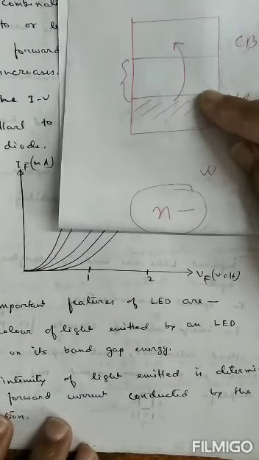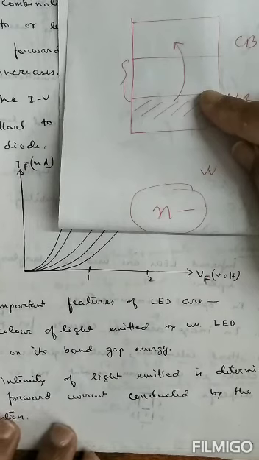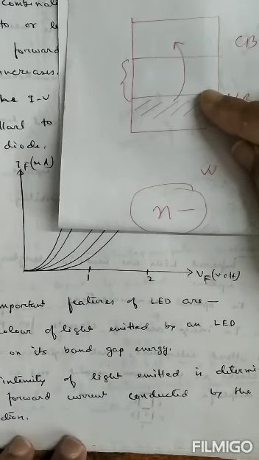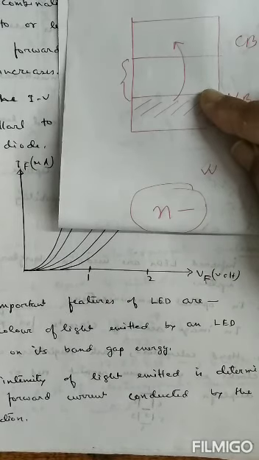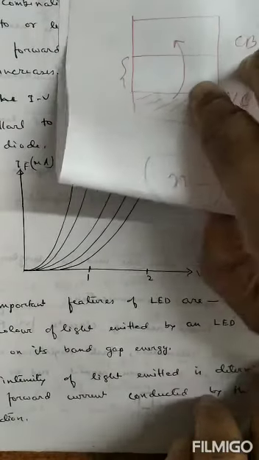The intensity of light emitted is determined by the forward current conducted through the PN junction.